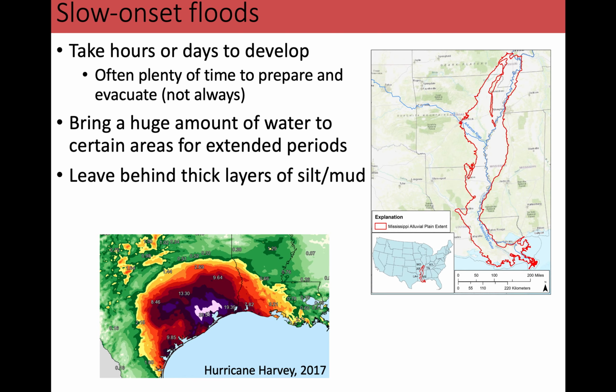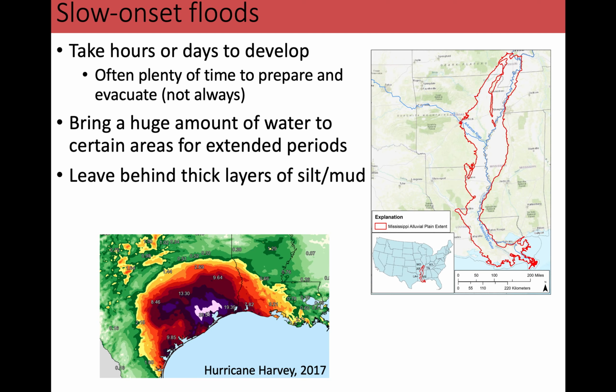Sometimes they can still be just as damaging in terms of property, because you're not going to move your house in time, but you and your family can get out of the neighborhood. A lot of times these floods will bring a huge amount of water, and the water will last for a while. Because it will be standing water, when the flood gets to its peak, it might be flooding your whole town.